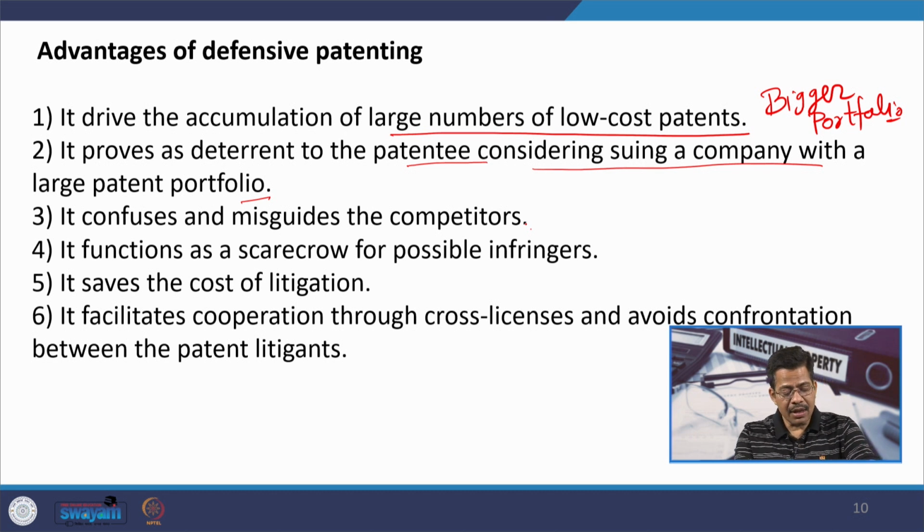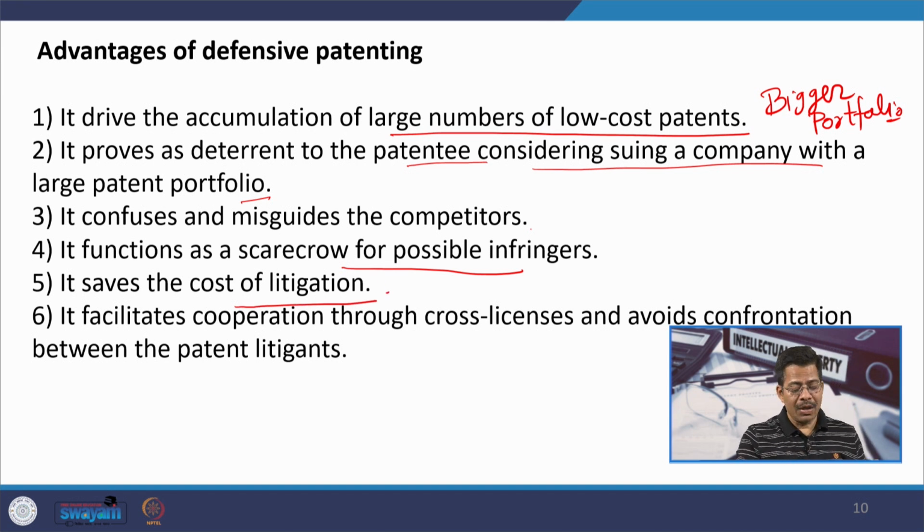It functions as a protection for possible infringers or possible infringement of your patents. So, that we already discussed. Since it is not for attacking others, it is to save yourself. Therefore, since litigation is not involved in defensive patenting, your cost of litigation is also saved, it is reduced.